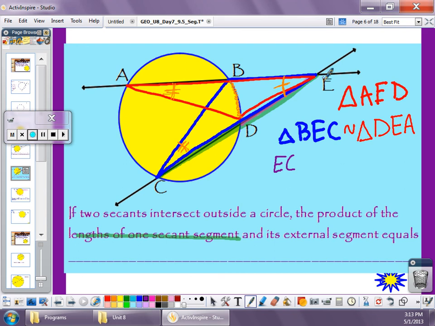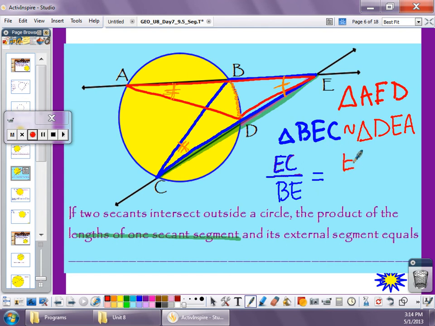So if I'm looking at this blue triangle, EC would be the secant segment. Now, of this blue triangle, I'm looking for the external segment. So BE is the external segment. And that is equal to, well, the EC here.